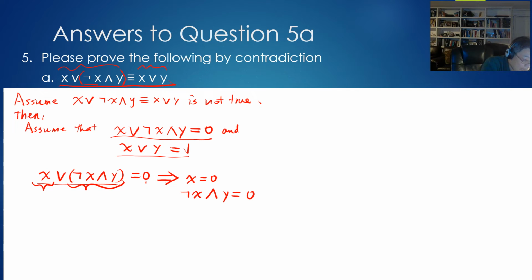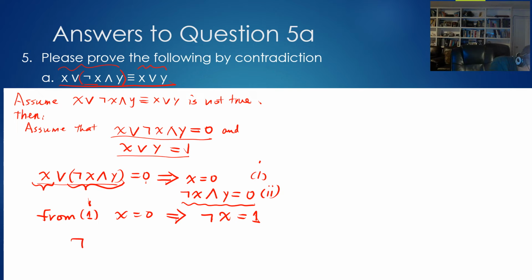Okay. Now, I call this 1. This is 2. And then from 1, x is 0. So we know that the negation of x must be 1, right? So if negation of x is 1, then we try to figure out this one: negation of x and y.